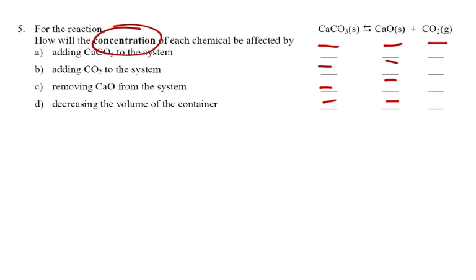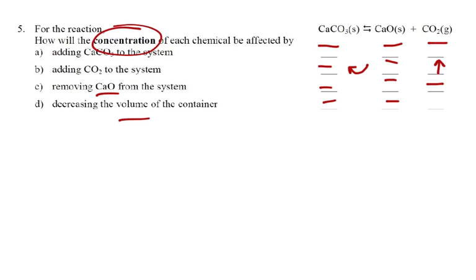Number 2, letter B, adding CO2 to the system. Too much CO2, it's going to make it shift to the left. Because we're adding this, this goes up. Even though it shifts to the left, we know whatever we add goes up. Removing CaO from the system. Again, CaO is a solid, so changing it will not change its concentration, so it has no effect on the equilibrium.